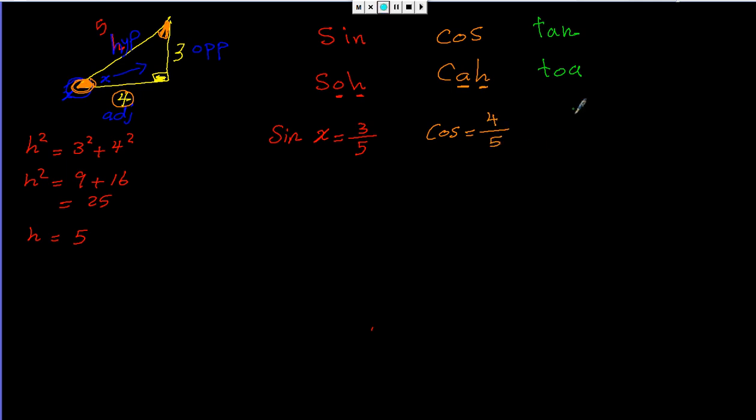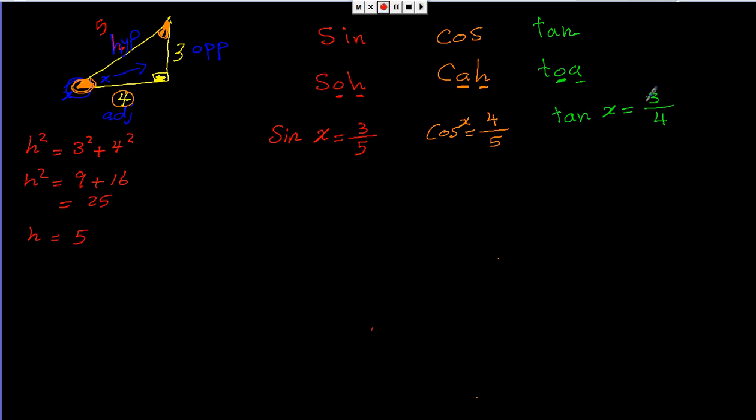Tan x equals sine x over cosine x, so tan is opposite over adjacent. Opposite for x is 3, and adjacent is 4. So it's 3 over 4.